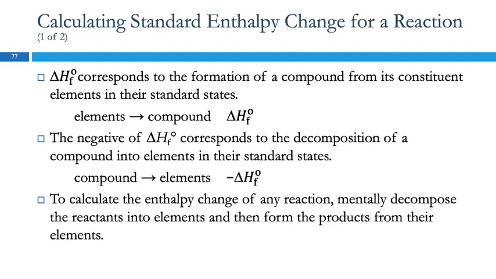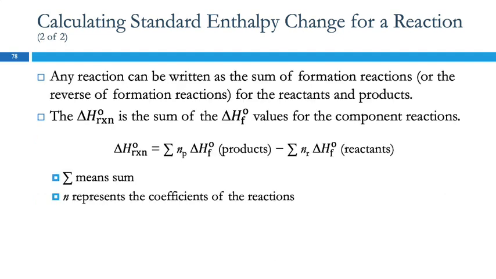Taking it apart, we change the sign. The products, we're making them from the standard states, and so then we also look up their values and use them as is. So any chemical reaction can be written as the sum of formation reactions or the reverse of formation reactions.